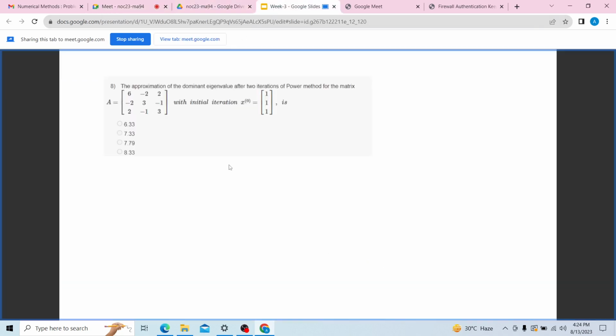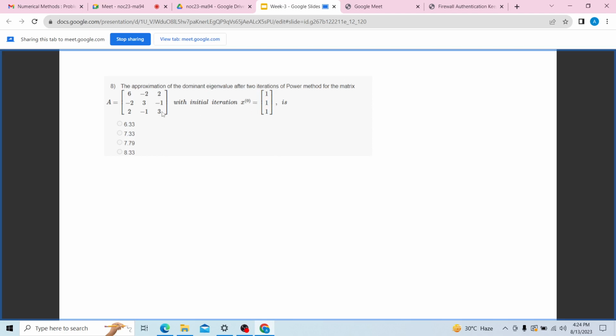So question number 8 is: the approximation of the dominant eigenvalue after two iterations of the power method for the matrix A equals 6 minus 2 2, minus 2 3 minus 1, 2 minus 1 3, with initial iteration x0 equals 1 1 1.